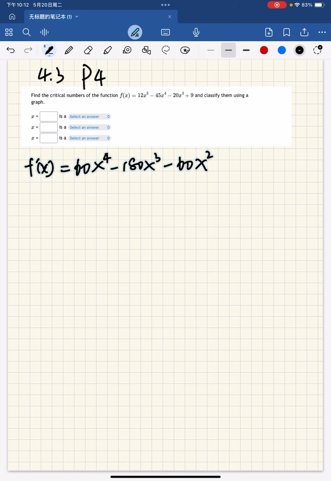So to find the critical point, we need to let the first derivative of this equation equal to 0, which is this, and we need to do a further factor.